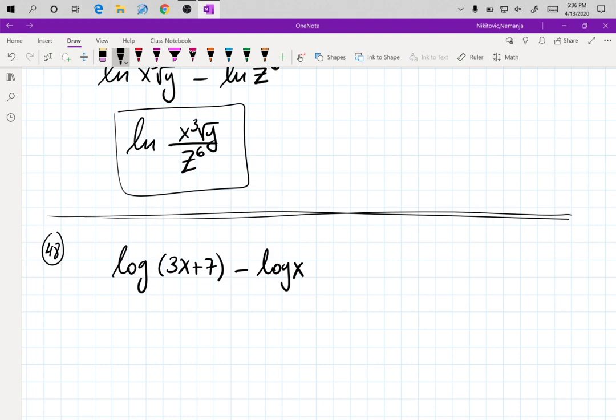When we condense this, it's going to be log of (3x plus 7) divided by x because it was a subtraction. That's it, just one operation.